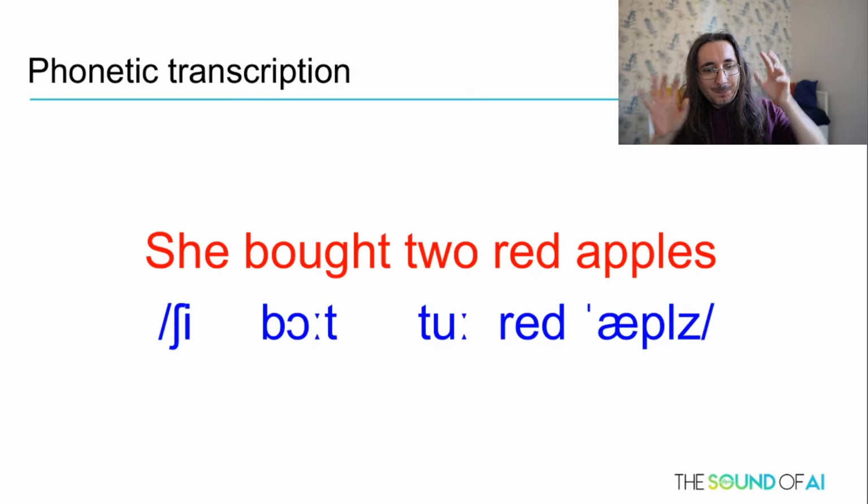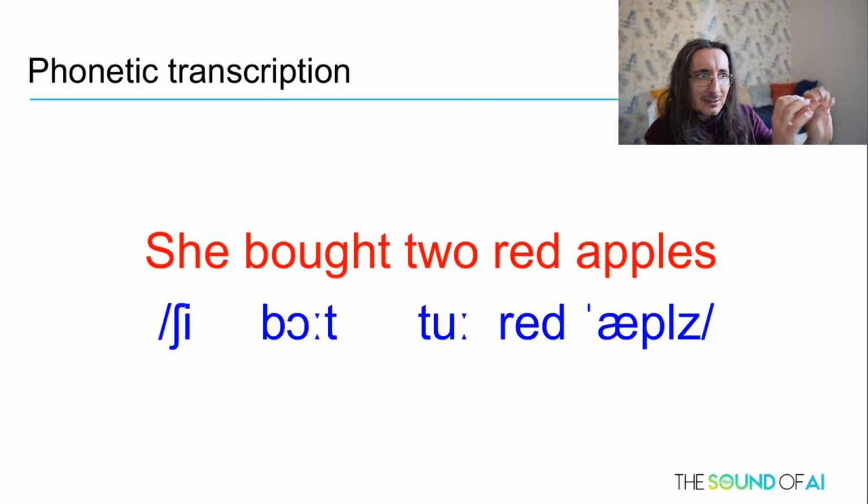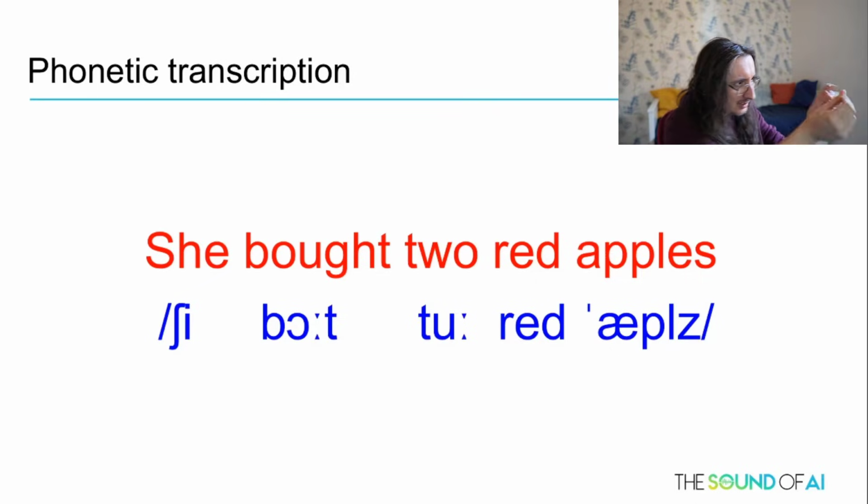And so we pass through this phonetic transcription and we can pass that information onto some model that takes those symbols that represent sound and then transforms it into the relative sounds, because now we have a one-to-one mapping.